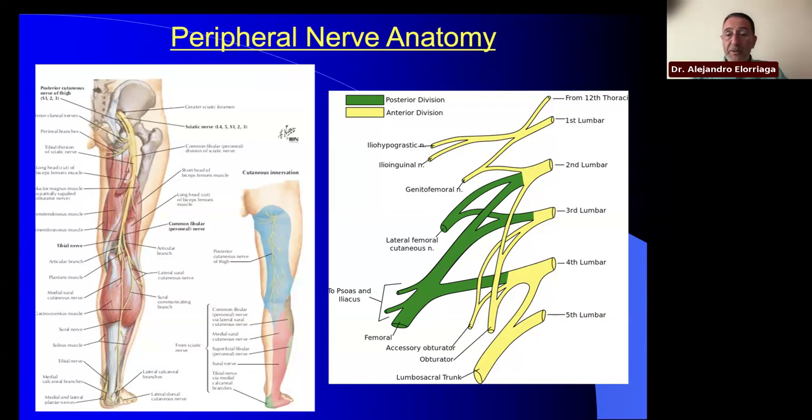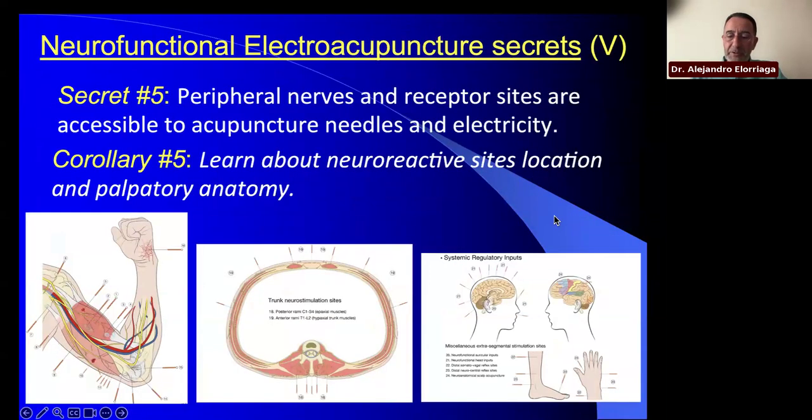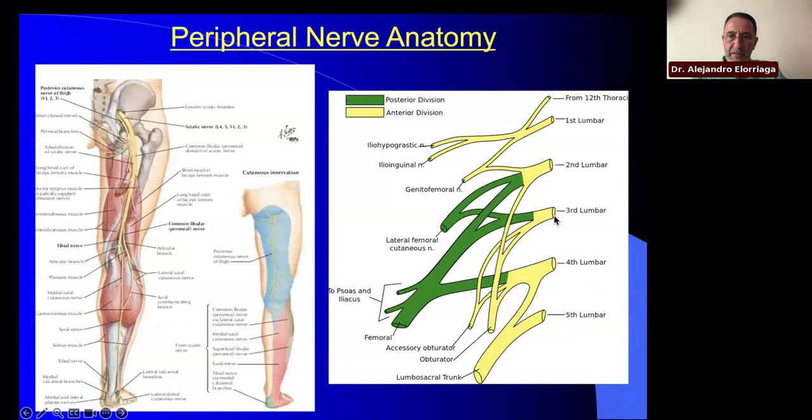But going back to the example, it would be totally legitimate to send signals via the obturator nerve in order to modulate activity that's taking place in the territory of the femoral nerve, because at the end of the day, the same lumbar segments are going to process the signals from both sides.